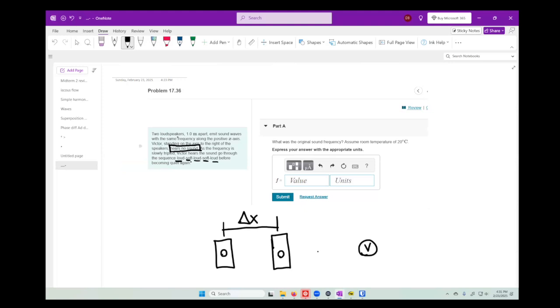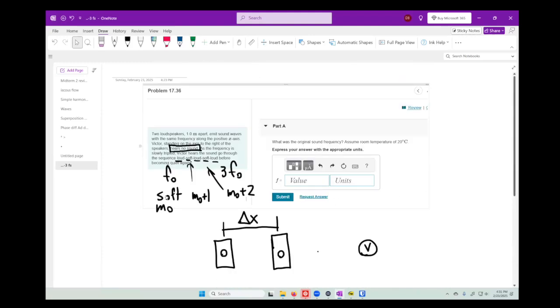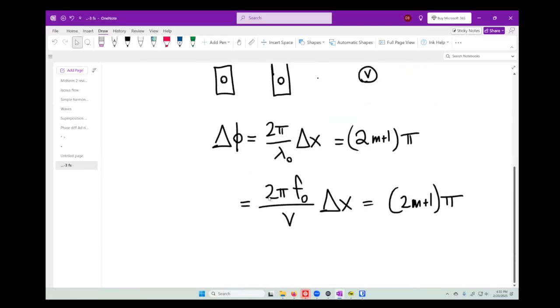As we go from the original frequency to 3 times the original frequency, we start at a point of destructive interference at some value of m. We get another point of destructive interference at the next higher value of m, and then a third point at another higher value of m. So you can use that condition to work out the fact that you get 3 points of destructive interference in between these two frequencies. You can use that to work out what the original frequency was.